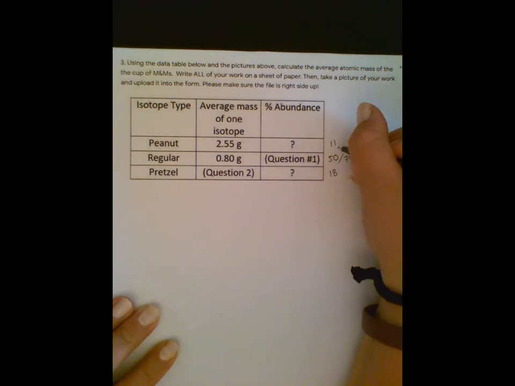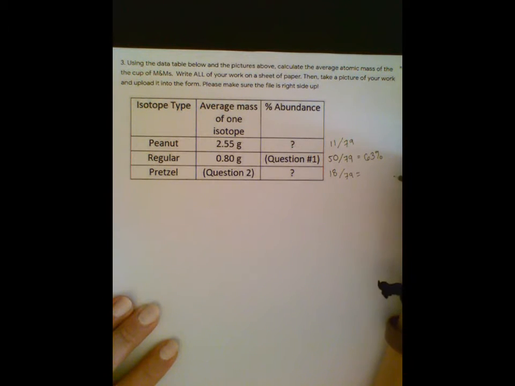So you're going to take each of those counts, divide them by the total number of M&Ms. Okay, so you find out that for pretzel, 18 divided by 79 gives you 23%, and 11 divided by 79 gives you 14%. Okay, some of you stopped there.